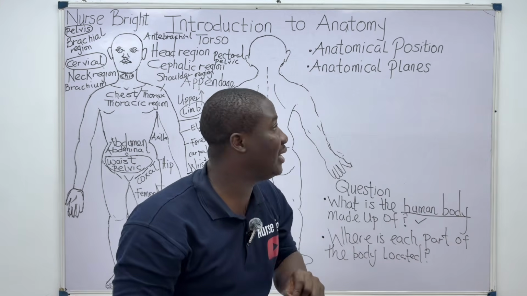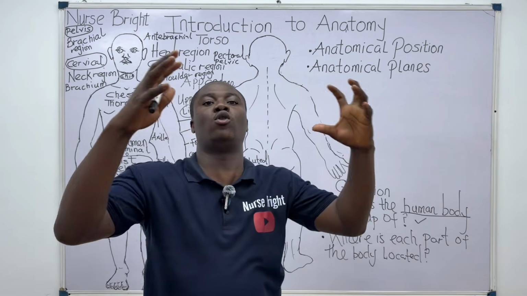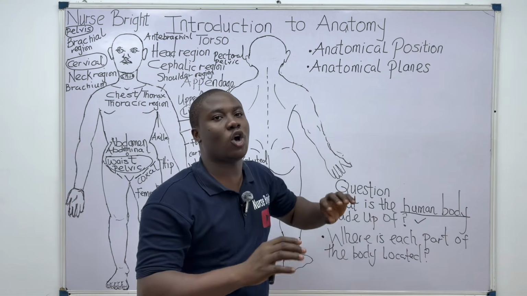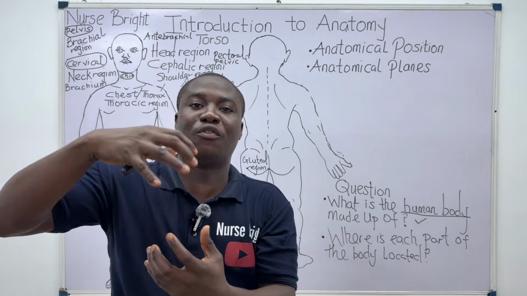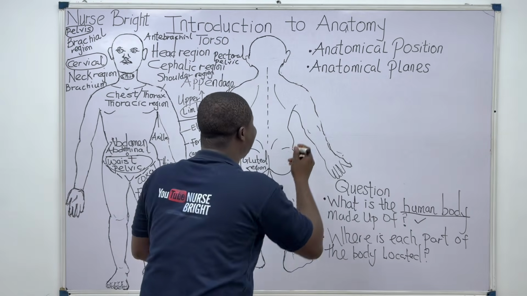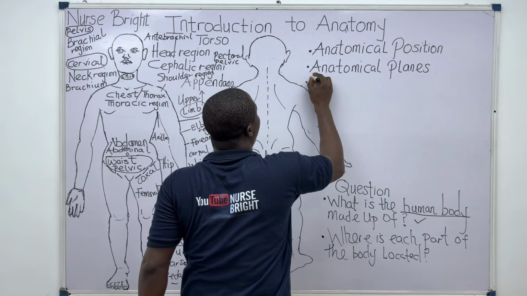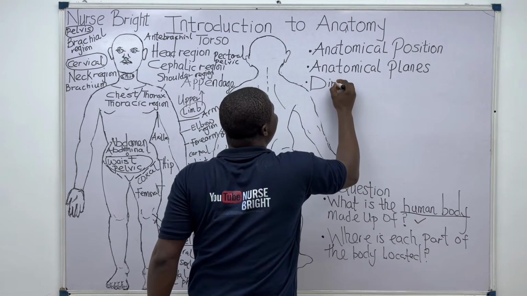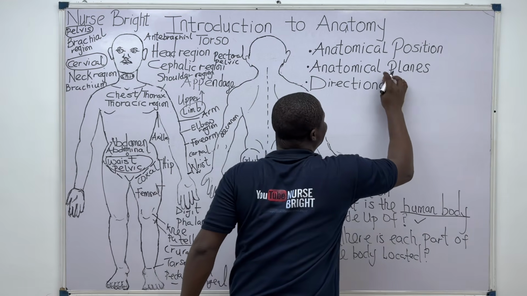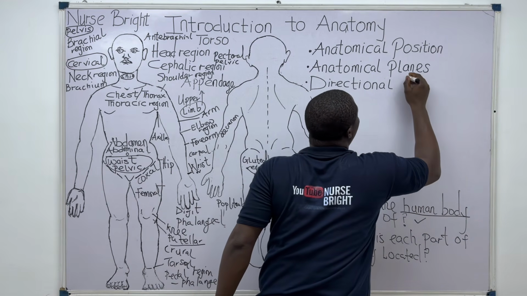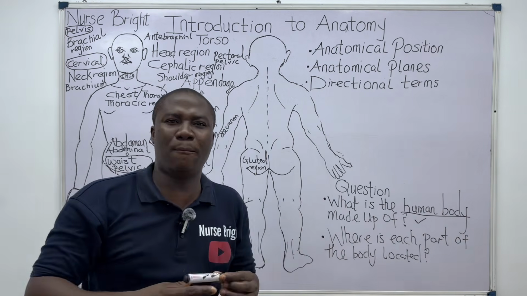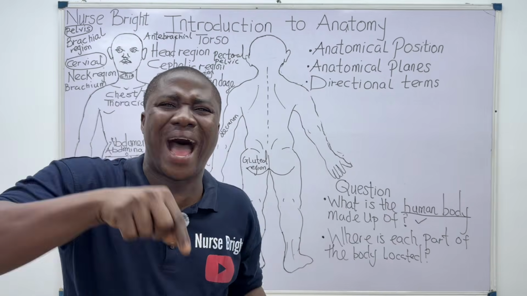So if we are done explaining the anatomical positions, then we move further to talk about the anatomical planes of the human body. These things are very, very essential. And then we move further to talk about what is called directional terms. All these things are so important, and I'm going to break them down step by step, and we'll be able to use all of this knowledge to understand the human body.